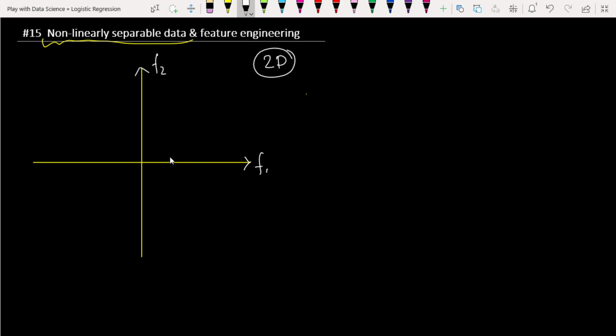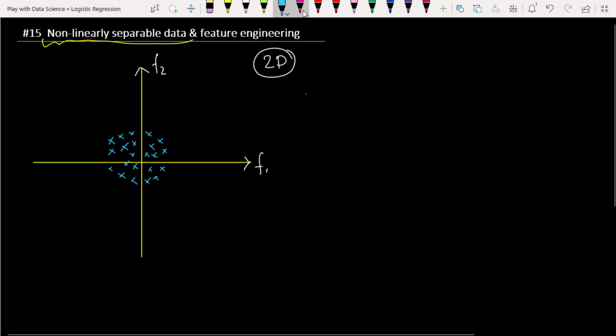Our one data set is like this, and another data set is like this.